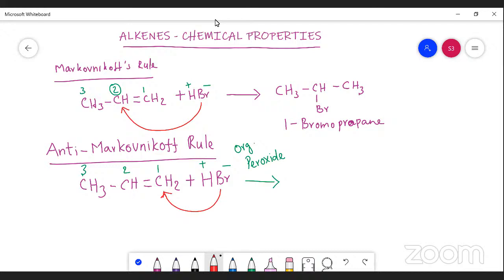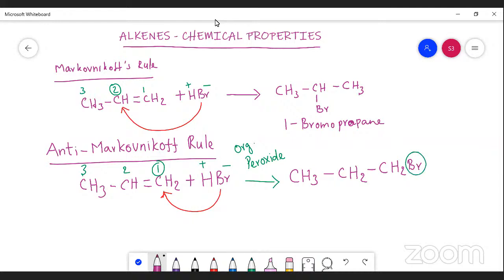In the first reaction, the Markovnikov rule, the Br minus is attached to the second carbon. But here the Br minus is attached to the first carbon, giving 1-bromopropane. So we get CH3-CH2-CH2-Br, where Br is attached to the first carbon.